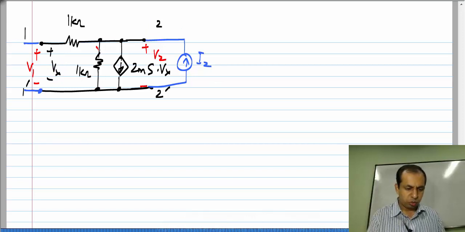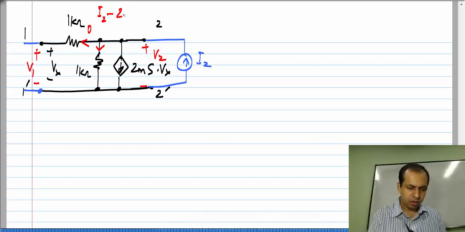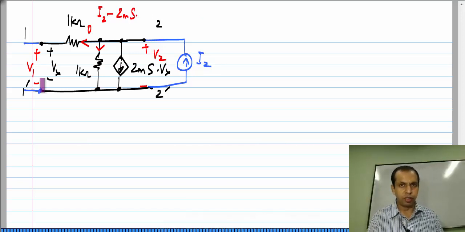So, now the current through this 1 kilo ohm resistor, by the way, is 0, and through this vertical 1 kilo ohm resistor it is I 2 minus whatever current is flowing through the control source, which is I 2 minus 2 millisiemens times V x, which is the same as V 1, which is also the same as V 2.